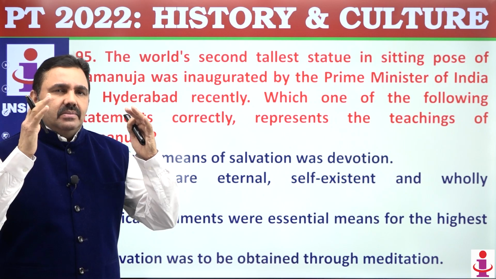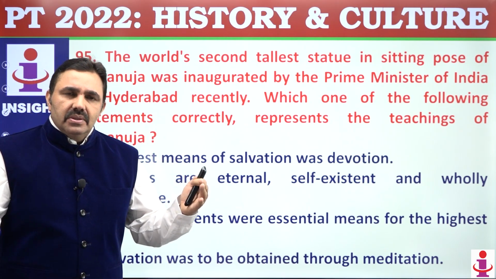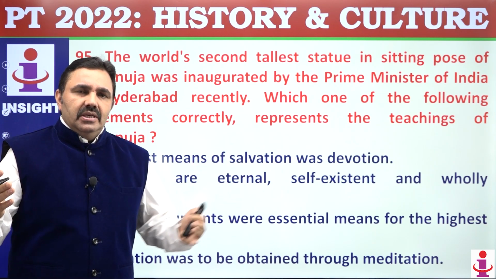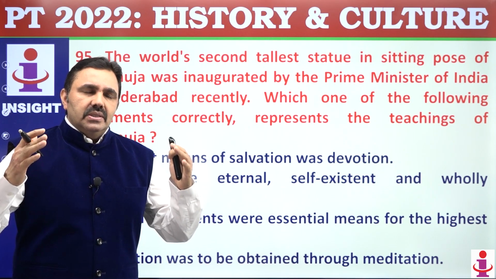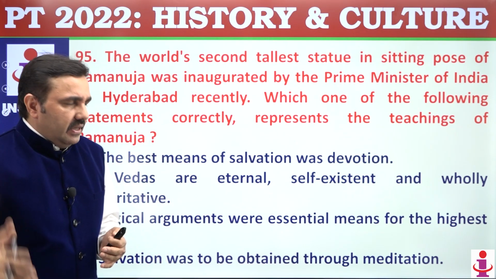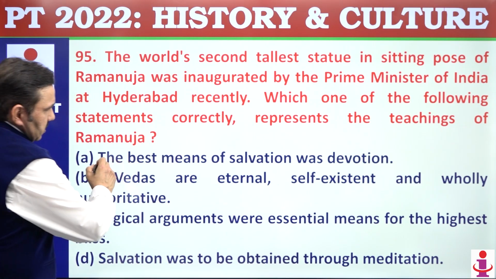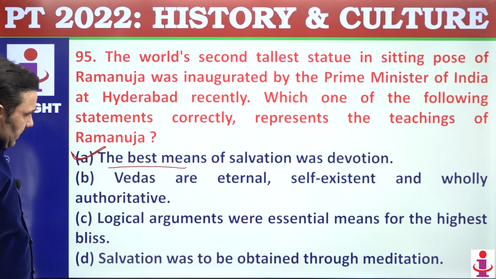Sankaracharya believed that salvation was possible through knowledge. He said, Brahm Satya, Jagat Mithya. But Ramanuja believed that Brahm, or God, was Saguna Brahm, and worship or devotion was the only way out. So best means of salvation was devotion, and devotion to Vishnu particularly.